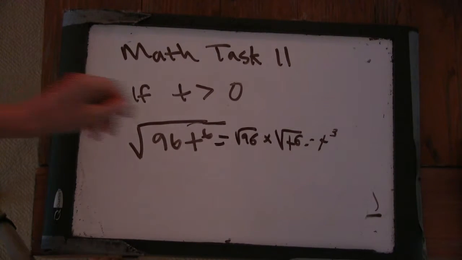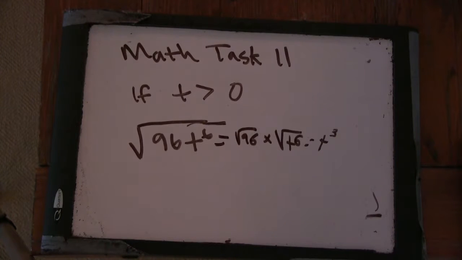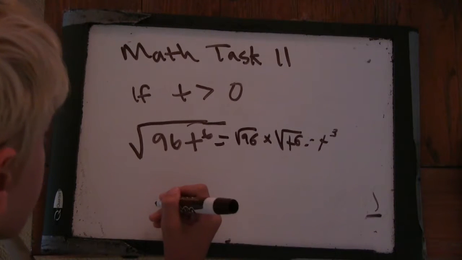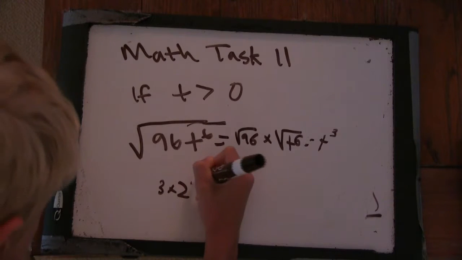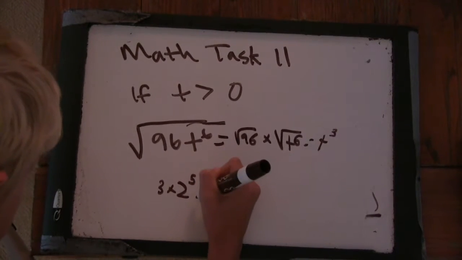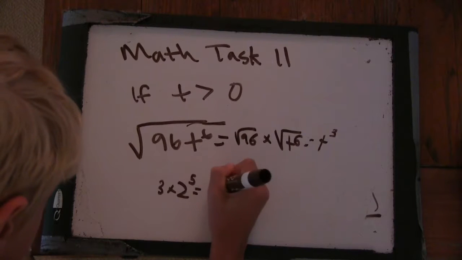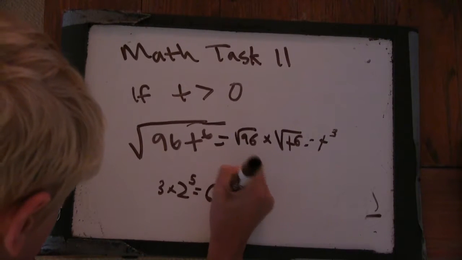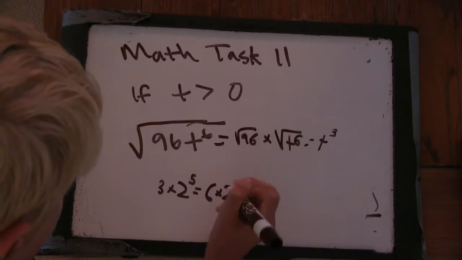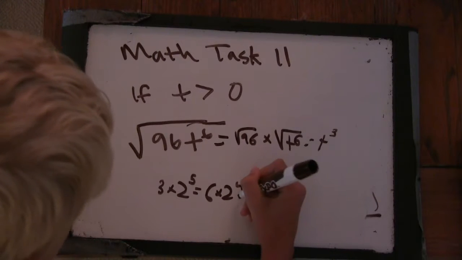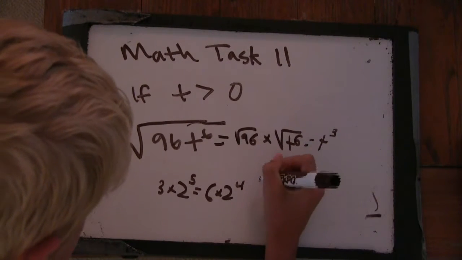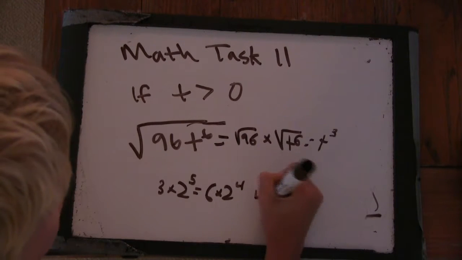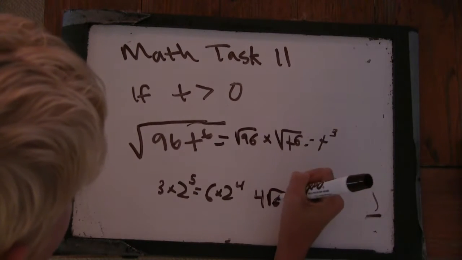And then the square root of 96. Well, 96 is 3 times 2 to the 5th, so it's 6 times 2 to the 4th. So the square root of 96 would turn out to be 4 times the square root of 6.